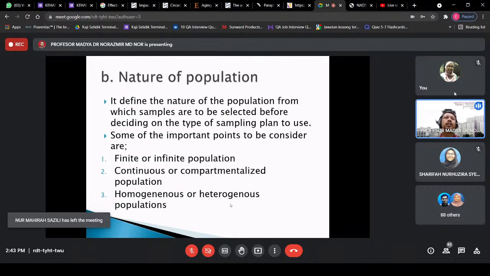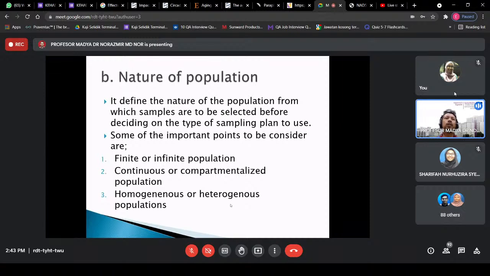Second one, the nature of population of the sampling. So it's defined that the nature of the population from which samples are to be selected before deciding on the types of sampling plan to use.